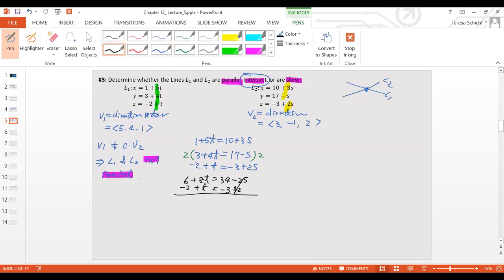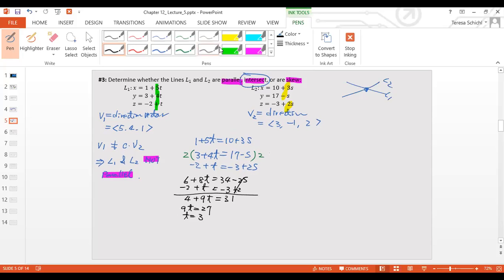Okay, so this one cancels, and then this is 4 plus 9t is equal to what? 4 plus 9t is equal to 31. So that means 9t equals 27. So t is equal to 3.